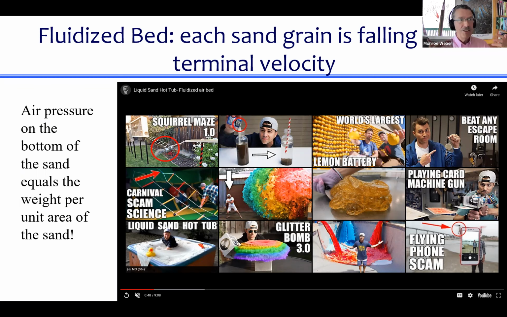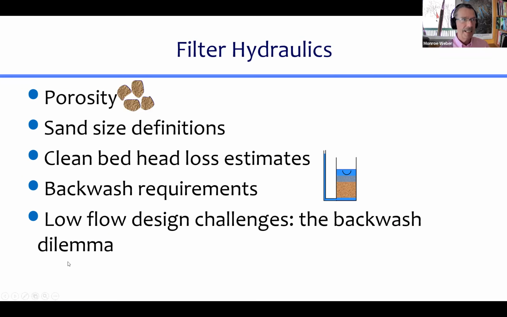And so each sand grain, or whatever the media is, is just kind of hanging out there in what the sand grain experiences as being in perpetual free fall. It's at its terminal velocity because the fluid is coming up fast enough to hold it there. And so you get this very different material that acts like a fluid instead of like a solid, and you can move your hands through it easily.